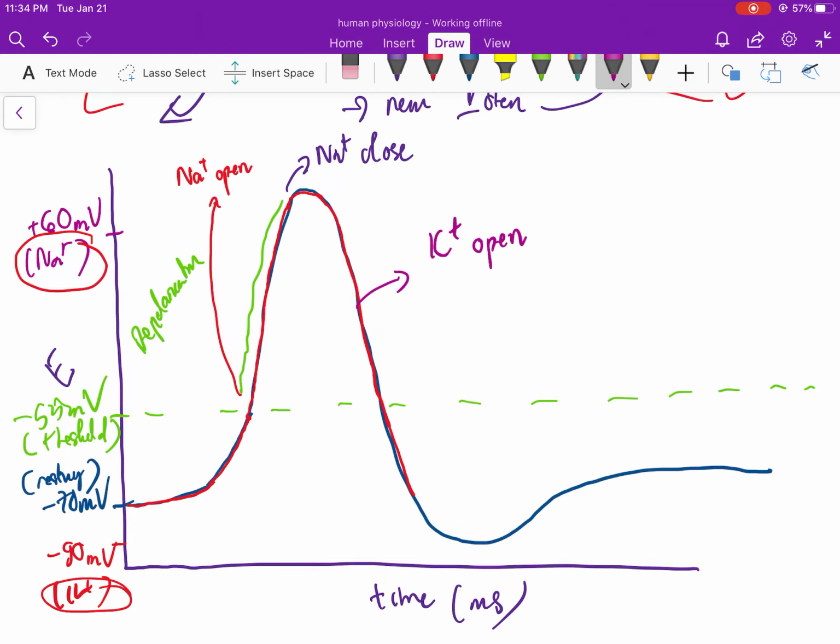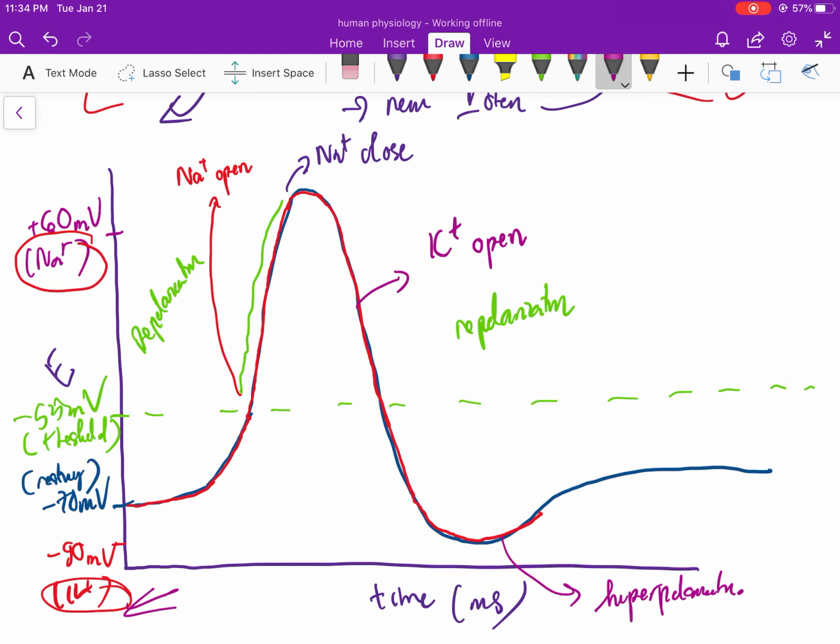That's why we have this going down toward the potential number of potassium. The process of going down like this is called repolarization. And when it goes lower than our resting membrane, at this point we call it hyperpolarization.